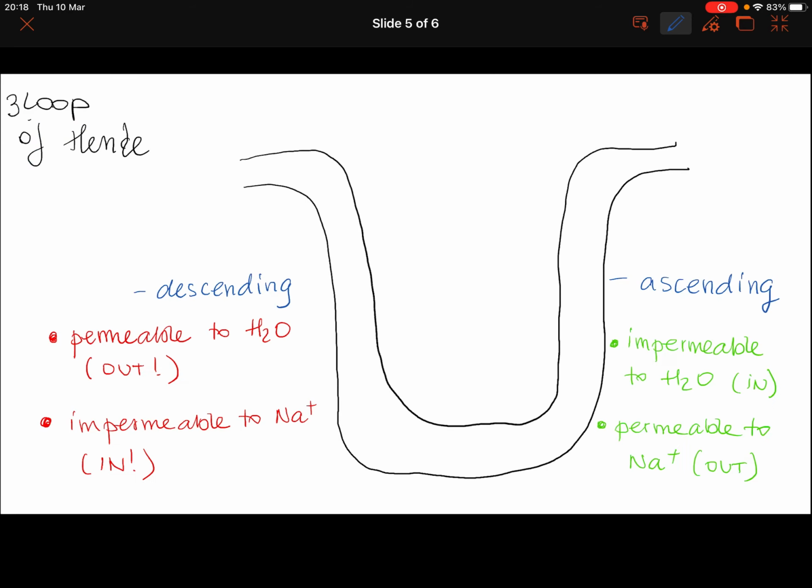Just to remind you, we had two limbs: the descending limb, going down, permeable to water and impermeable to sodium ions, and the ascending limb, going up, which is impermeable to water but permeable to sodium ions. We are going to look now at the processes taking place in the loop of Henle that allow the maintenance of the sodium ion concentration.